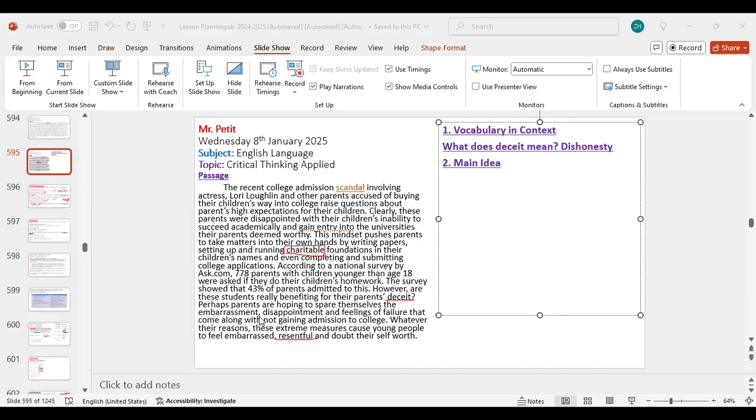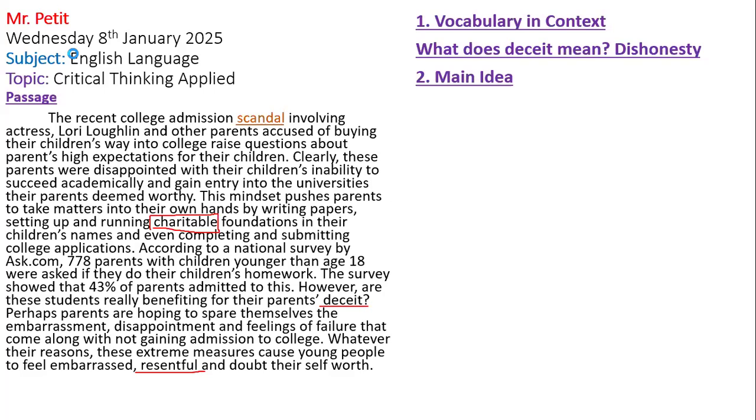No. Why isn't that the main idea? It's not showing any evidence of the benefits. It's not highlighting benefits of parents helping their children succeed academically. That's not what it's there for, right?